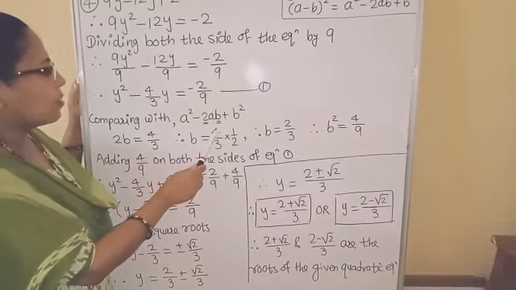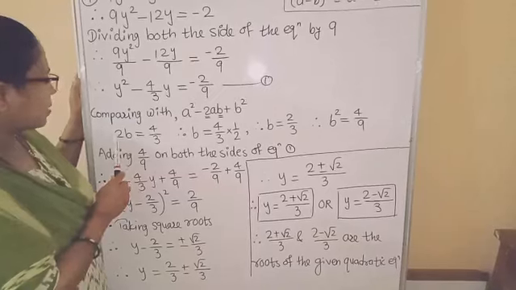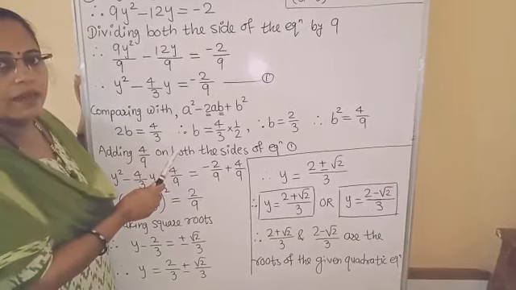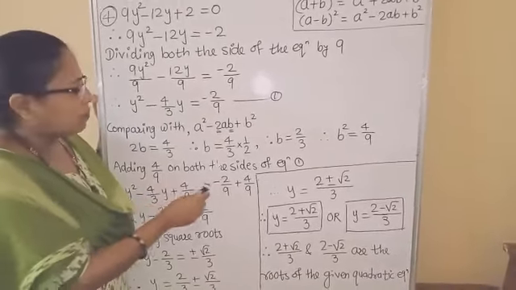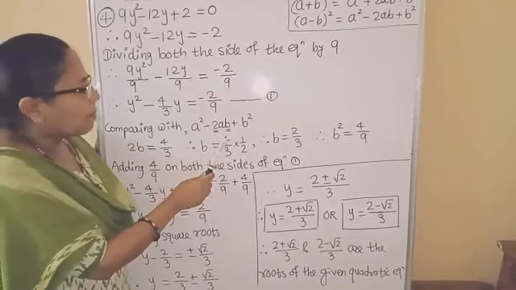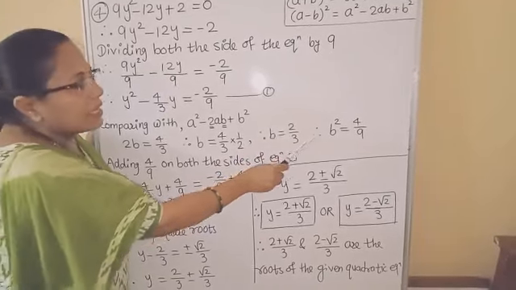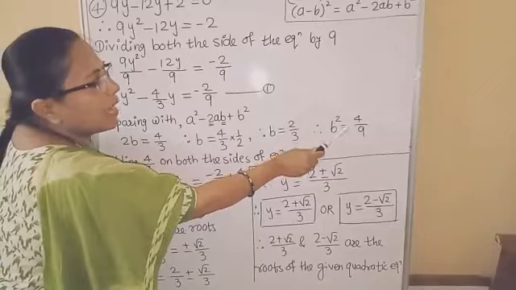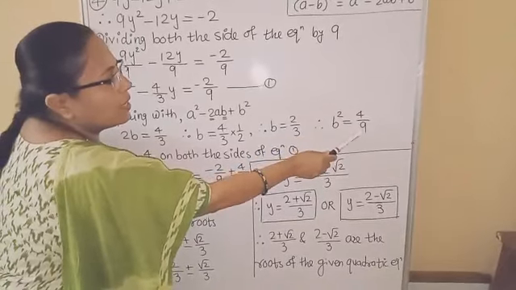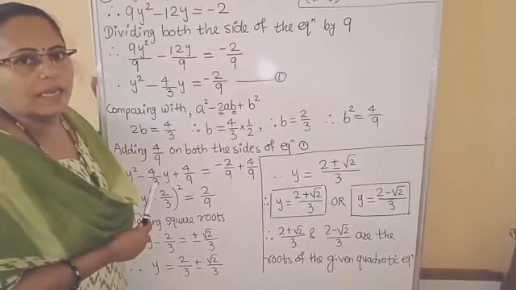Therefore, b is equal to 4 upon 3 multiplied by 1 upon 2. When you take 2 on this side, it converts as 1 upon 2. Now 2 1s are 2, 2 2s are 4. So b is equal to 2 upon 3. Therefore, b square equal to 4 upon 9. Square of 2 upon 3 is 4 upon 9.